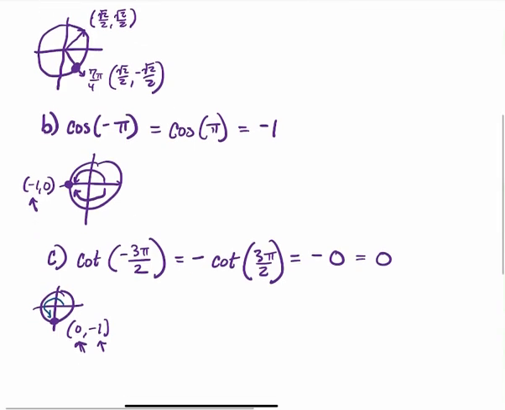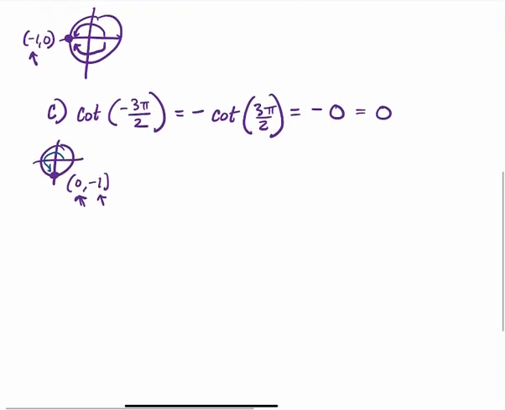And then part D was asking the tangent of negative 37 pi over 4. Where could that be? 37 pi over 4.